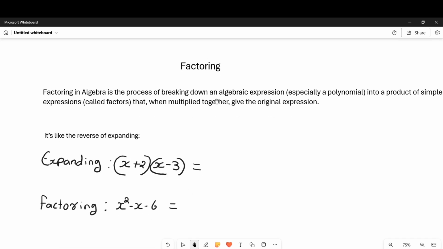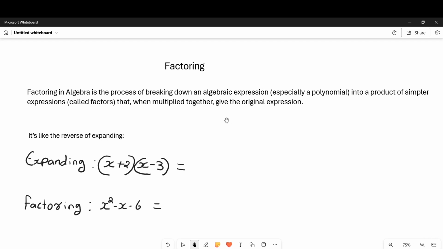Factoring in algebra is the process of breaking down an algebraic expression, especially a polynomial. What is meant by a polynomial? A polynomial is a group of terms, for example x square plus 2x plus 3. This is a group of terms with different coefficients and different powers. The x square term has the power 2, and the coefficient of x is 2.